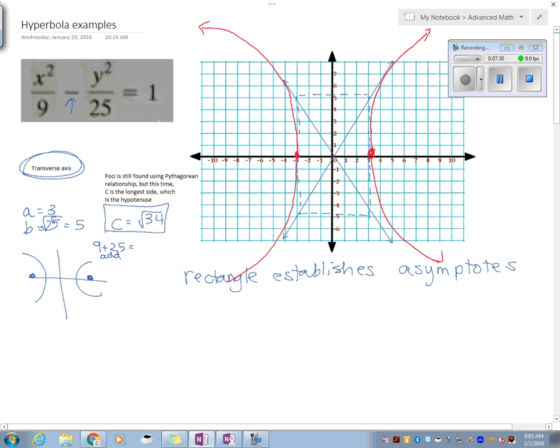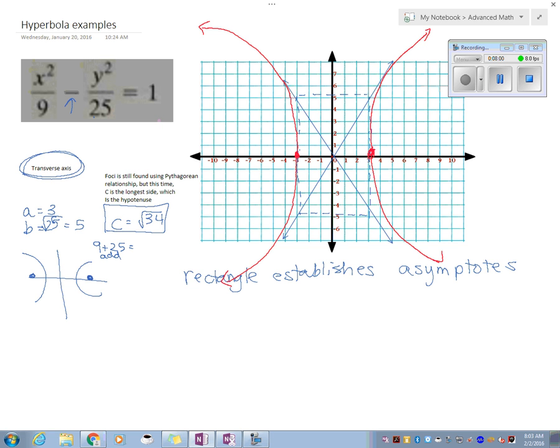Okay? So the red is actually the hyperbola. The blue is kind of our skeleton to hold or draw the hyperbola. Okay? So what is the square root of 34 again? But give me an estimate. It's between 5 and 6? Closer to 6, right?